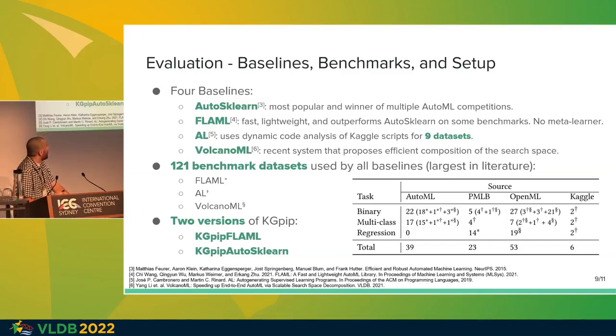This is a breakdown of where our datasets are sourced from. We have binary classification, multi-class classification, and regression datasets, and these come from the AutoML benchmark, PMLB, OpenML, and Kaggle. We consider two versions of our system: KGpip FLAML and KGpip AutoSklearn. That is, we plug the meta-learning component into these two hyperparameter optimizers, AutoSklearn and FLAML.